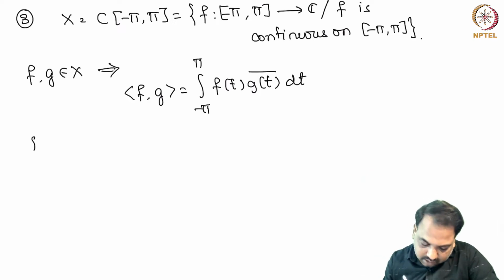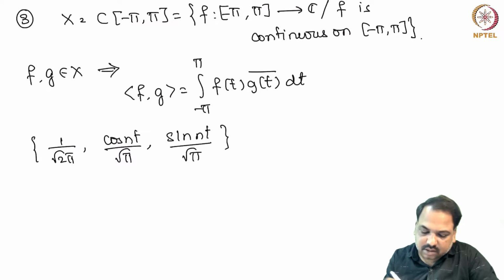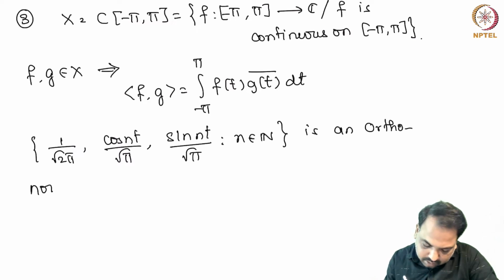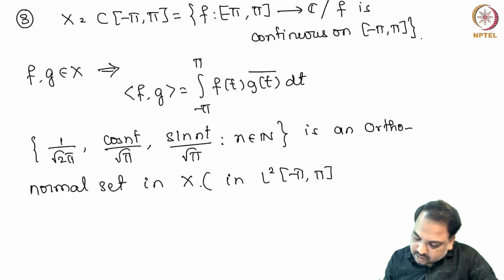Now if you look at this set, 1 by root 2 pi, cos nt by root pi, sin nt by root pi, where n is a natural number, is an orthonormal set in X. In particular, this is also an orthonormal set in L2 of minus pi comma pi.